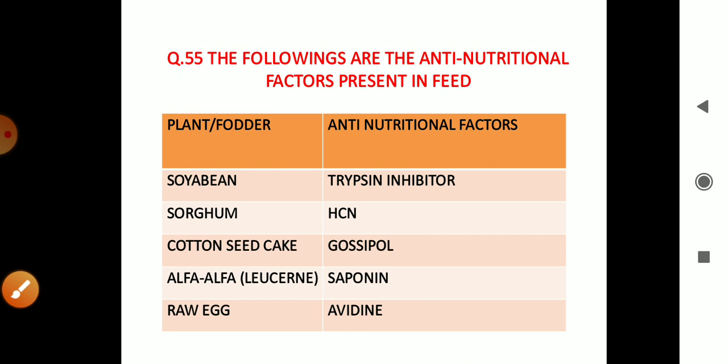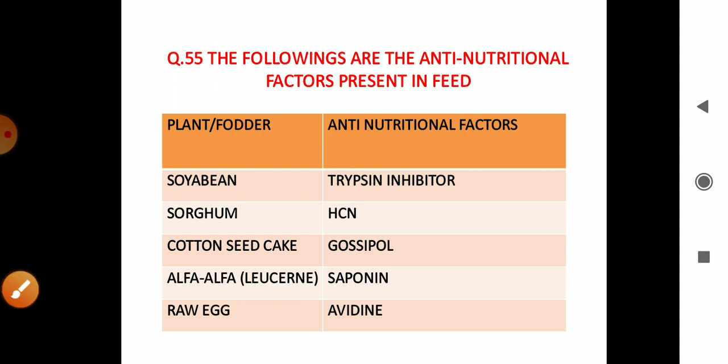Dear students, please remember some of the anti-nutritional factors present in the feed and the fodder, which are very toxic to the body system of the animal and cause an unwanted response to the vital functions of the body.